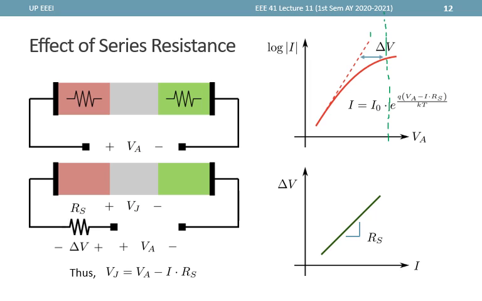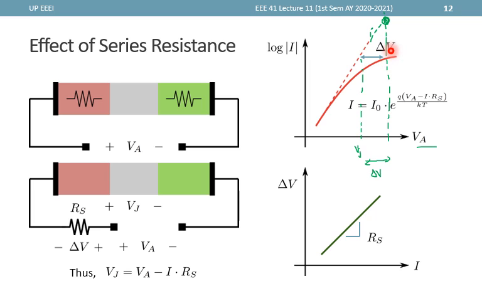So if this is the voltage that we apply, we expect this amount of current. However, since some of the voltage from VA is dropped across the resistance, the actual voltage that is dropped across the junction is some smaller V only, and the other is dropped across the resistance, delta V, as indicated here.